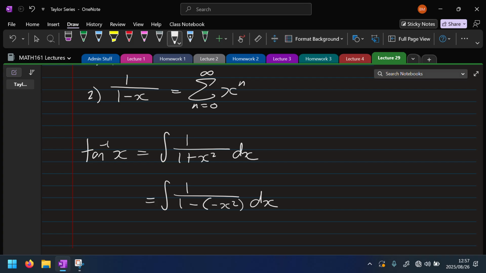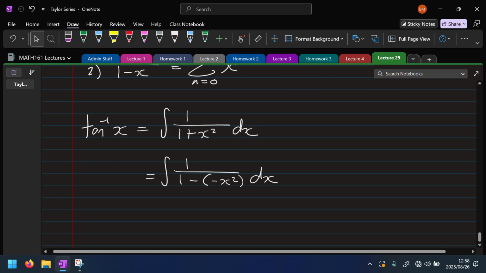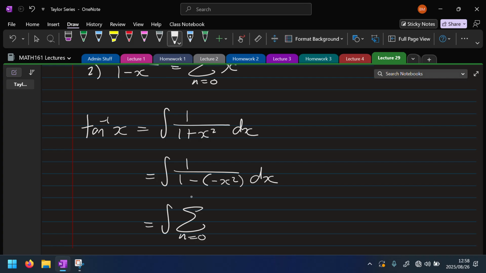Now this looks very similar to what we have there for number 2. But instead of x, we have minus x squared. So we just substitute. So this is going to be the integral, and then here we put the Taylor series. Okay, but instead of x, we put minus x squared to the n. Yeah, and we end up with that.